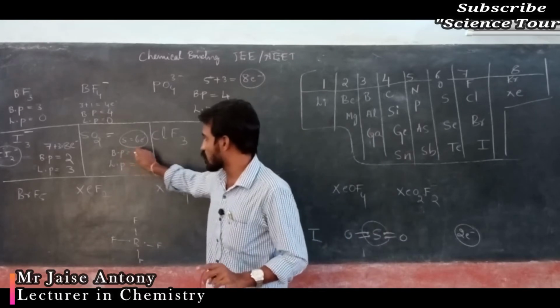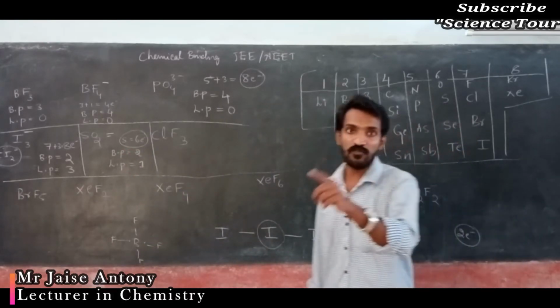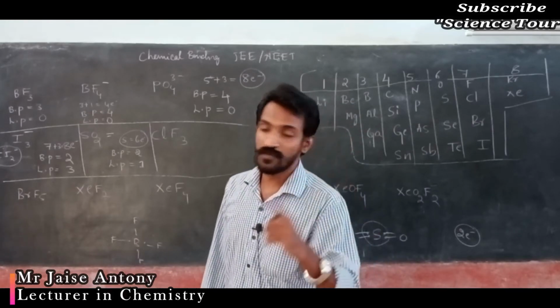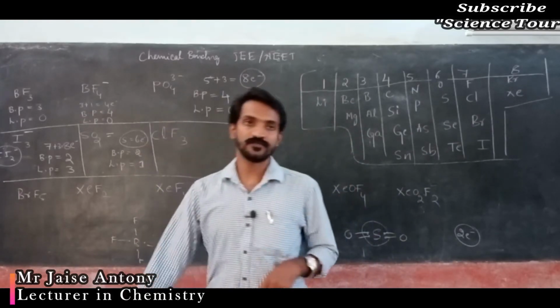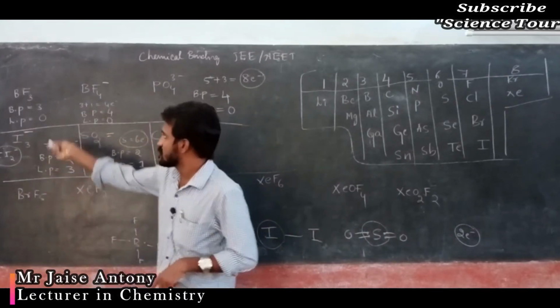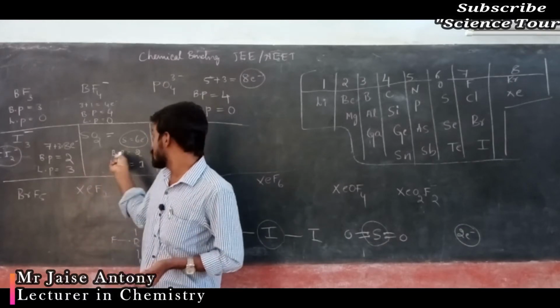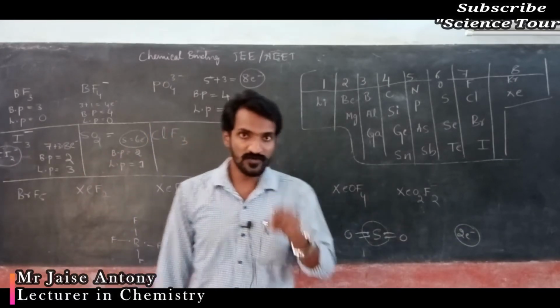Here while writing the bond pair, even if 4 bonds are there, you are not writing 4 bonds. They are considered super single bonds, so it is 2 bonds. But in all other cases, monovalent is very easy. But in case of divalent, that point you have to note down.